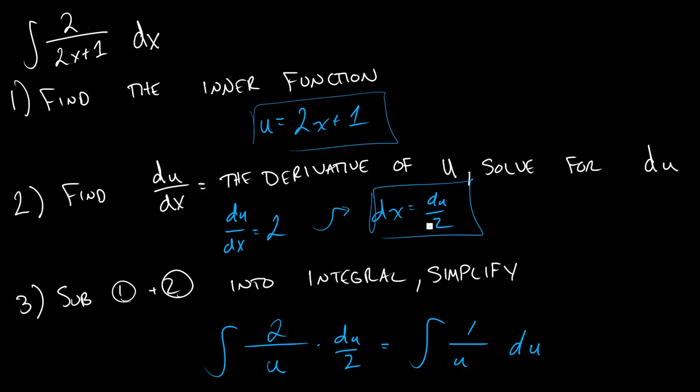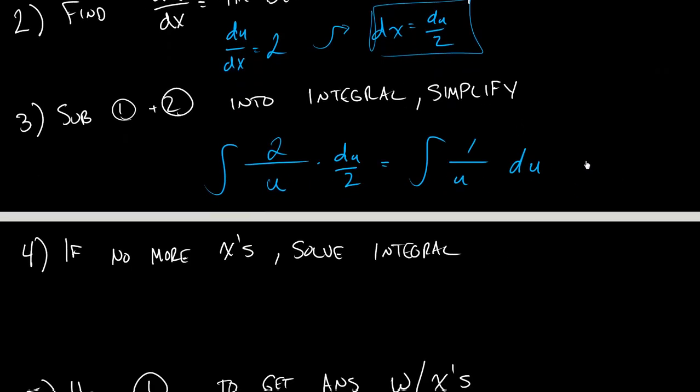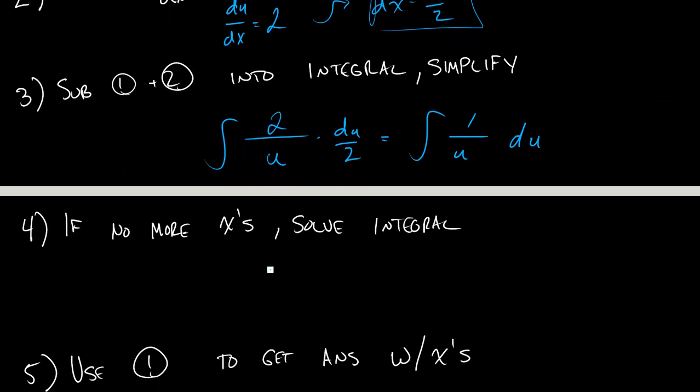So I started with this thing that I didn't know how to do, that I didn't have a formula for. Now I have the integral of 1 over u, which is something that I do have a formula for. If you look back at the 7.1 stuff, we know that the integral of 1 over u du is just equal to the ln of the absolute value of u plus c. Our final step is to get it back to the x's that we started with.